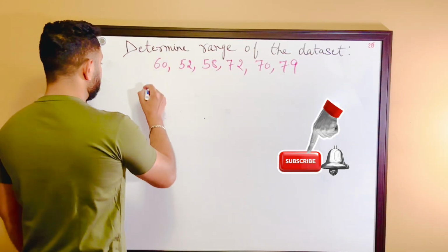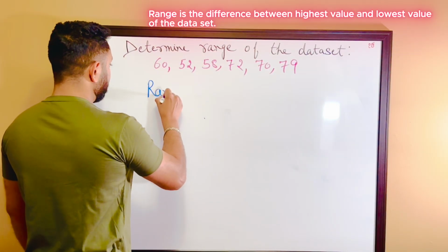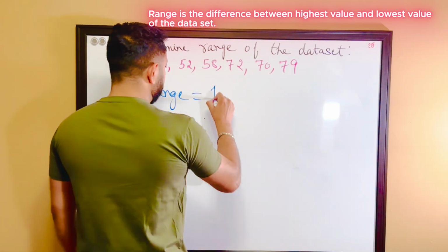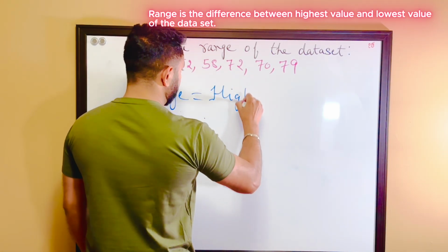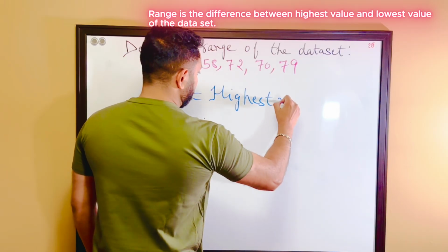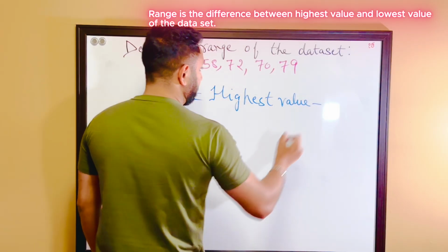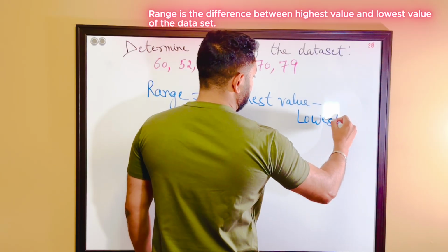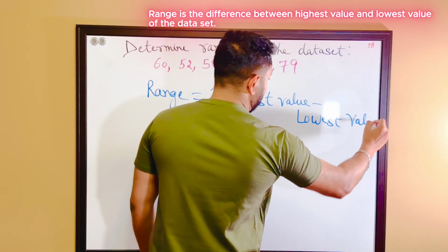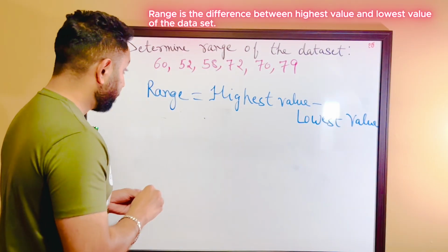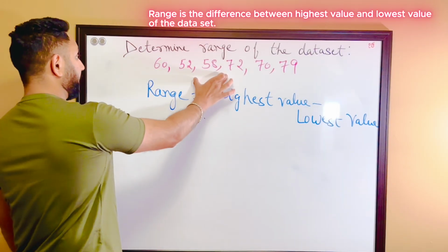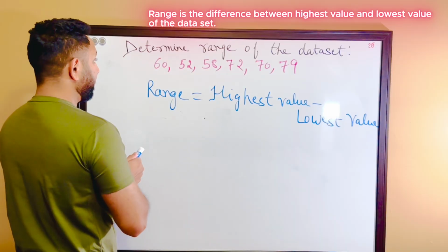So what is range? Range is basically the highest value minus the lowest value. So in order to solve this problem, first of all, we're going to arrange these data values in ascending order.